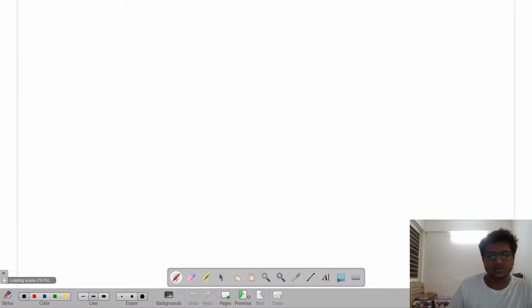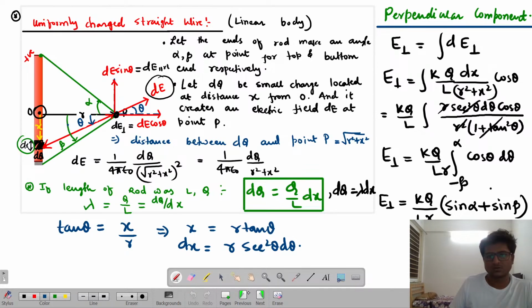Let us consider the next page. Till now we got dE for perpendicular.